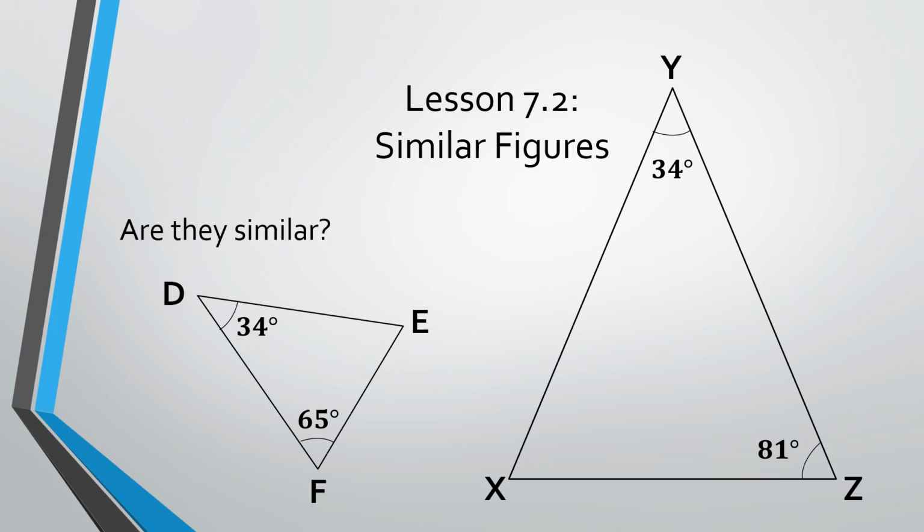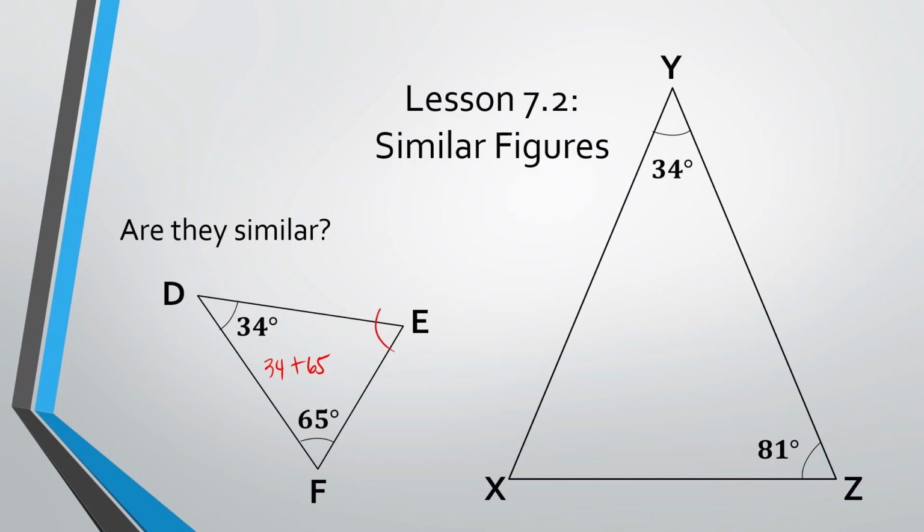Remember that in any triangle, the sum of all angles is equivalent to 180 degrees. So to find out the value of DEF, what we are going to do is add 34 and 65.